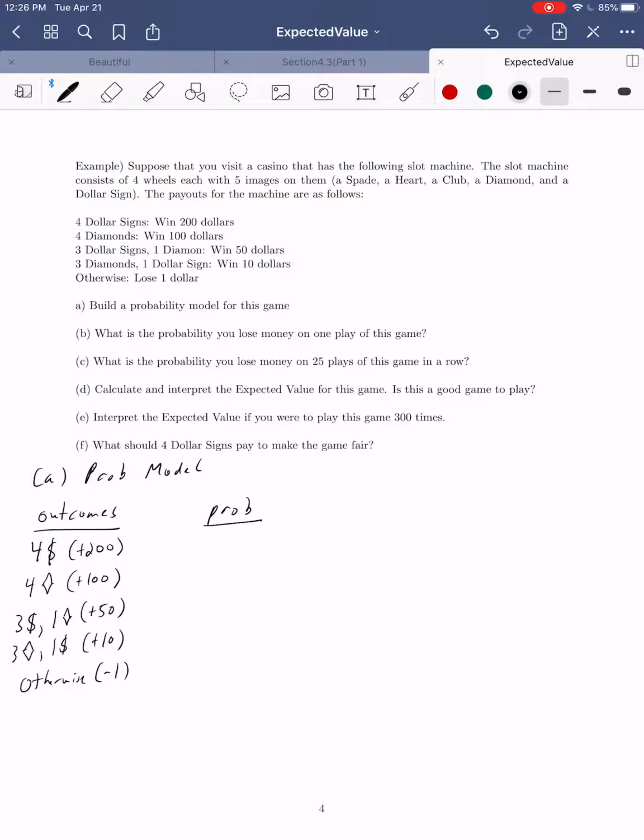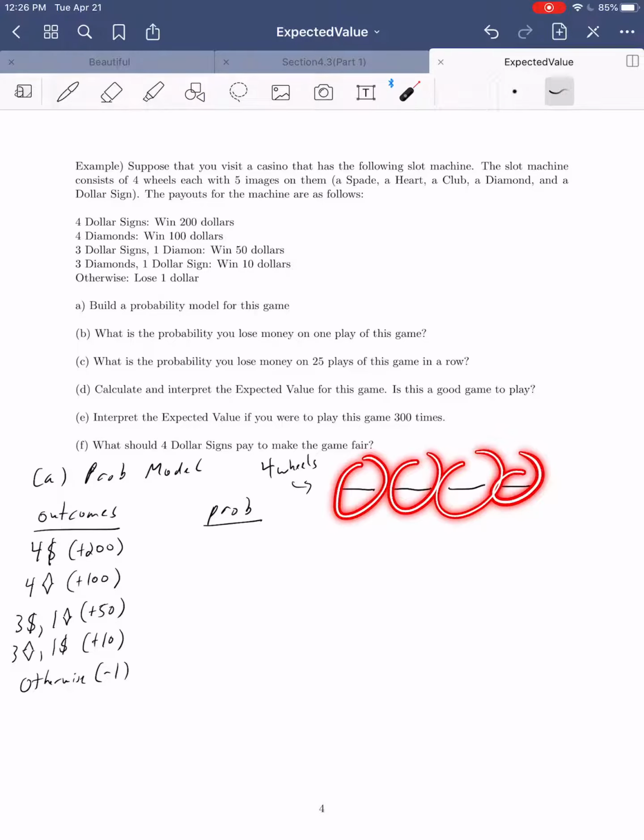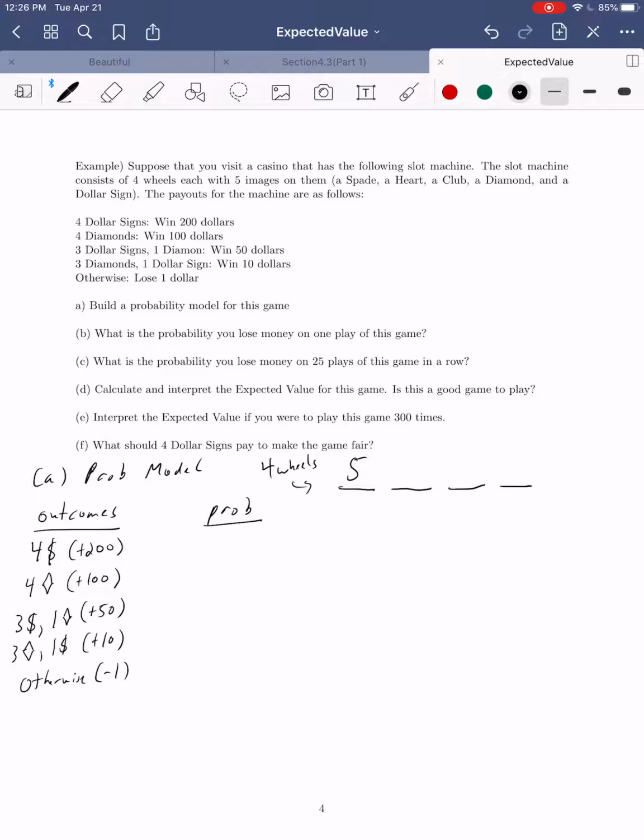We've got 4 different wheels, and each of the 4 wheels has 5 images on it. So we've got 5 choices, 5 different things can show up on each of these. We know from our section on counting that whenever you have multiple options and multiple selections, you need to multiply to count up the number of total options.